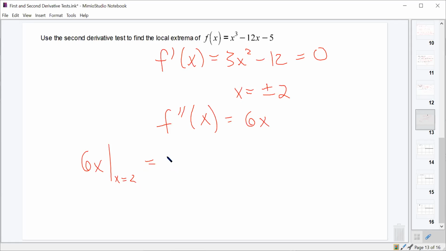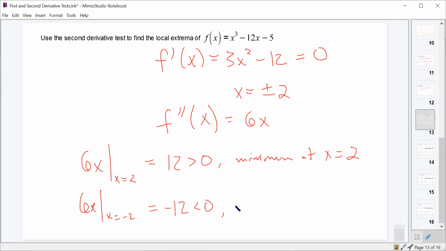Should be 12. 12, which is greater than 0, which tells us that there is a minimum at x equals 2. And if we evaluate it at -2, that's -12, which is less than 0, which tells us that we have a maximum at x equals -2.